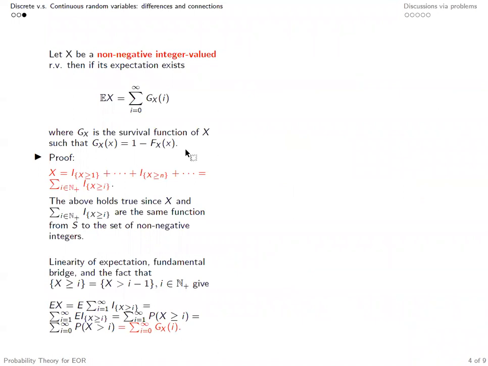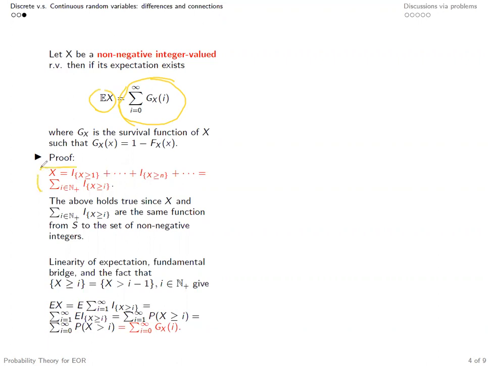So if x is a non-negative integer valued random variable, then if the expectation exists, it can be rewritten. The expectation can also be calculated via the survival function, as the summation of the survival function evaluated at each non-negative integer. The proof is straightforward.